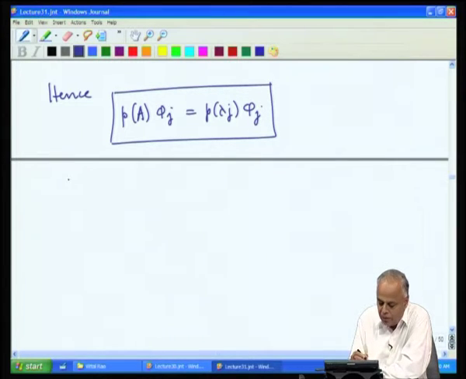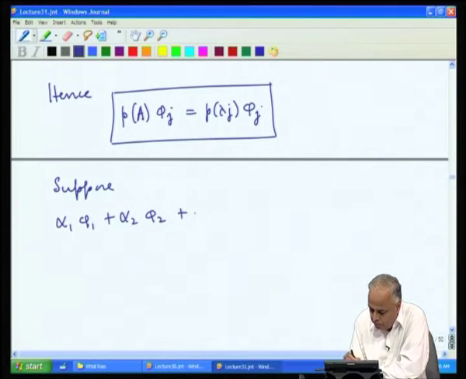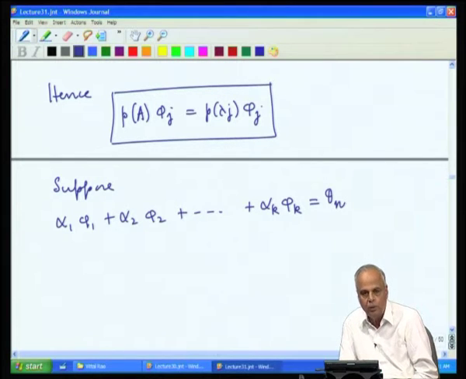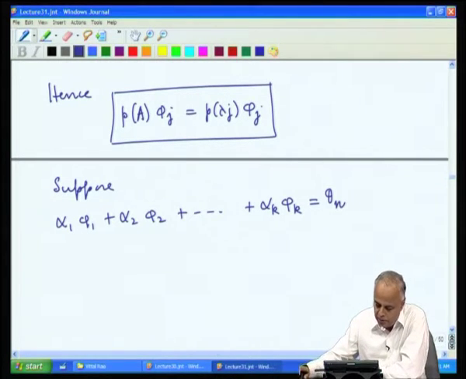So, we start with a linear combination. Suppose α₁φ₁ plus α₂φ₂ plus ... plus α_kφ_k is equal to θ_n. We want to show that α₁ must be 0, α₂ must be 0, ..., α_k must be 0. That will establish linear independence.